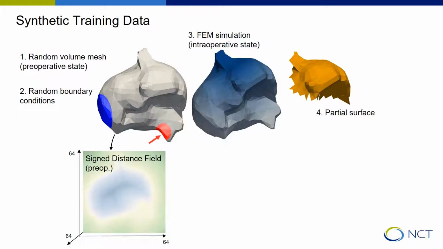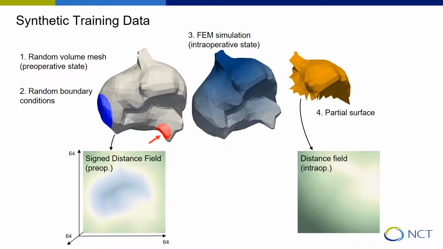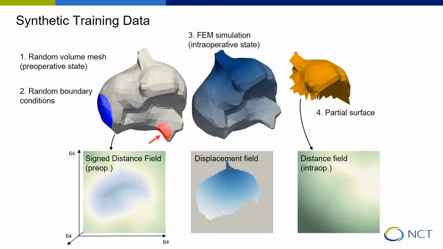So you can see this here on the left. And the displacement field is also expected. And the distance fields are the input to our network. And the displacement field you see here at the bottom is the output, and so the target, what the network should predict. And this whole process is repeated for 80,000 meshes to make our data set for the soft tissue registration.